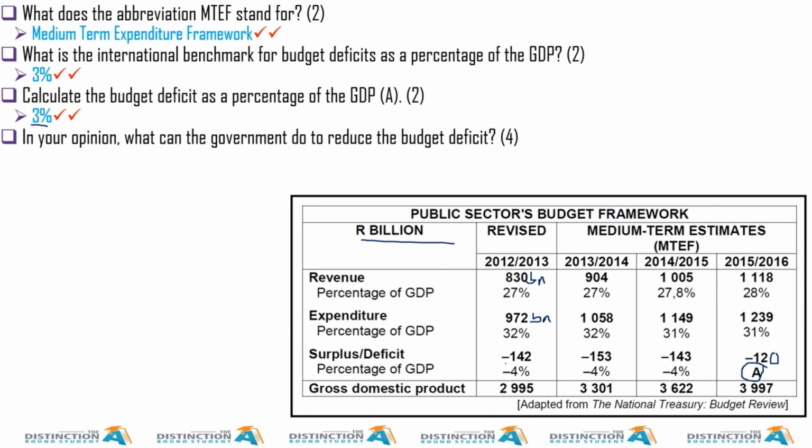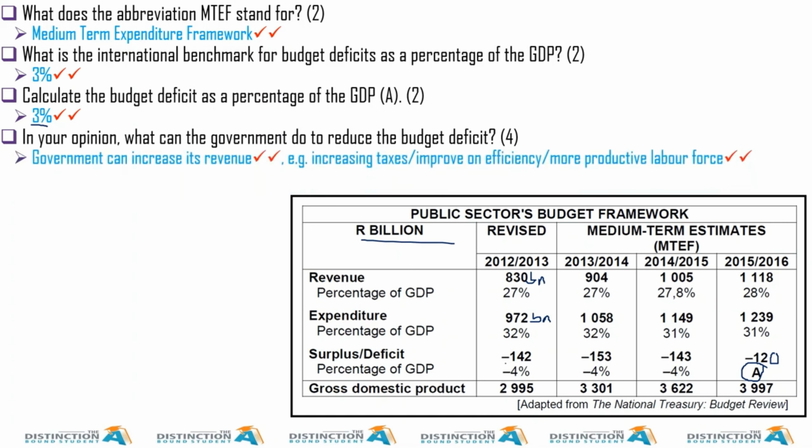Right, in your opinion, what can the government do to reduce this budget deficit? By budget deficit, we mean government has less money than they need. Just like in this case, government needs 1.2 trillion.